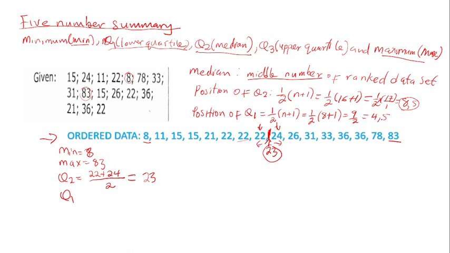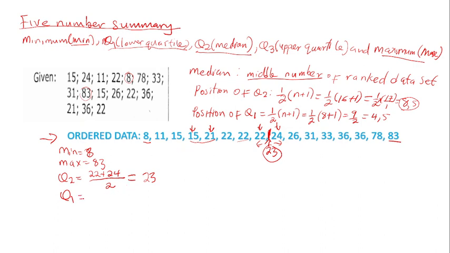So it's 4.5. Then we're going to add the numbers at position 4 and position 5, which is 1, 2, 3, 4, and the number here and the number here. So we need to add these two, then we divide by 2. That will be the Q1, which is the median of the first half.